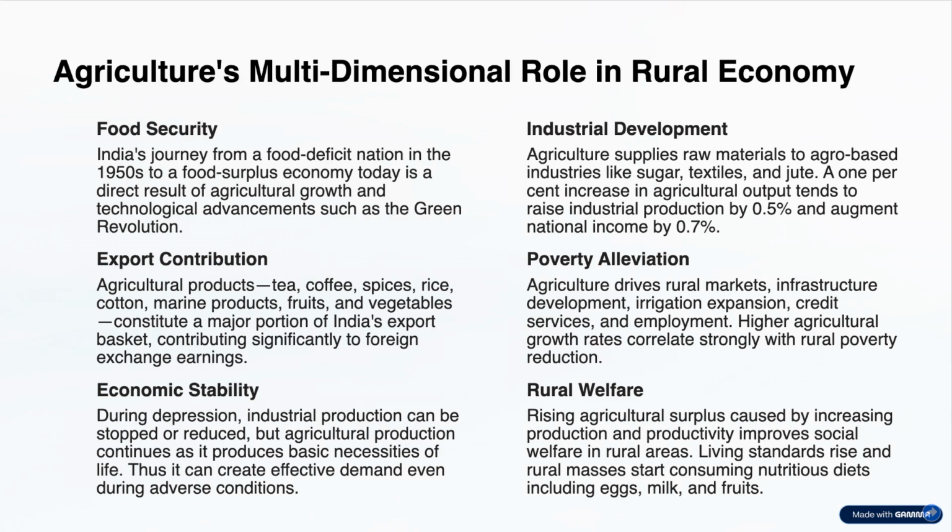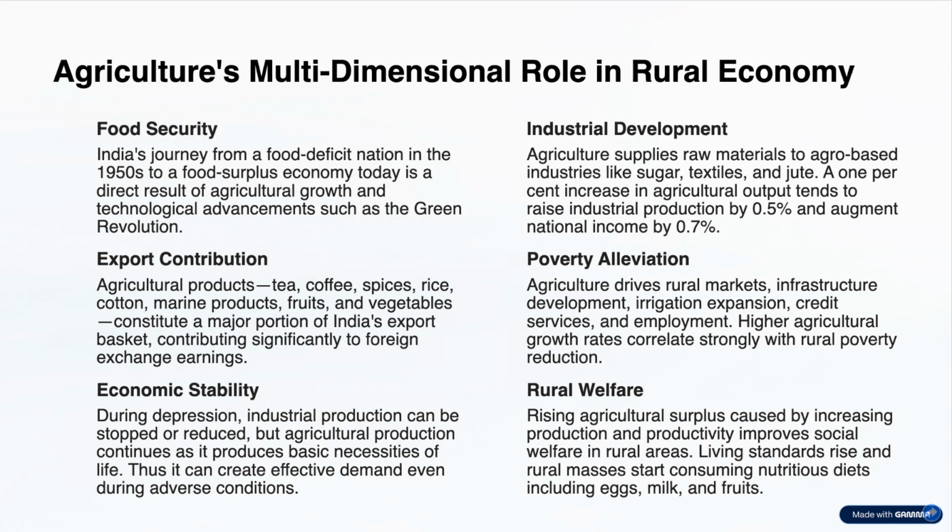Agricultural products such as tea, coffee, spices, rice, cotton, marine products, fruits and vegetables constitute a major portion of India's export basket. So agriculture's contribution to foreign exchange earnings remains high, particularly through high value agri-food chains.